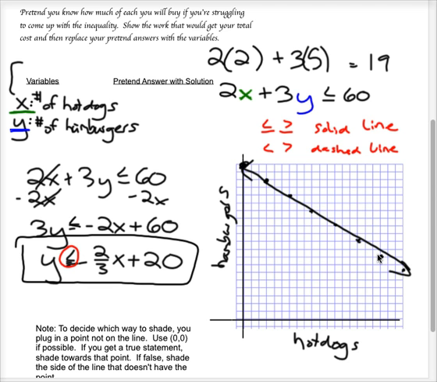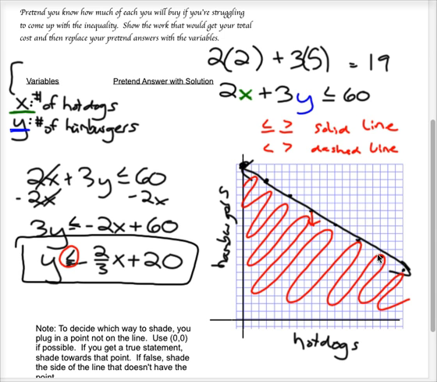Any point on it. And where is less than that line? Well, down there. All right, so what I'm going to realize is less than the line. I'm going to start at any point and then go underneath it. And that means that this whole region here is going to represent my solution.